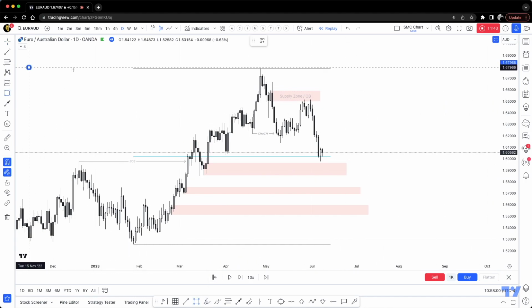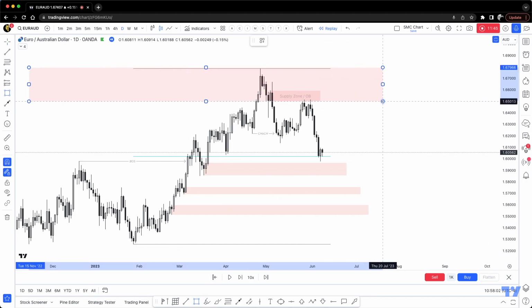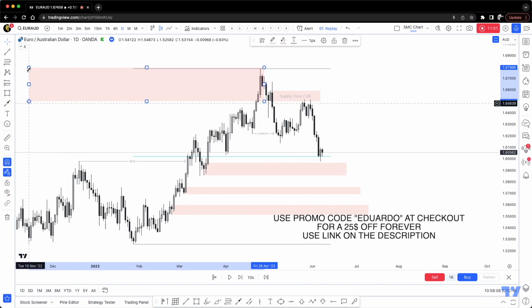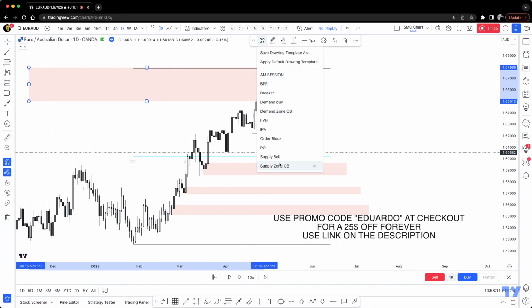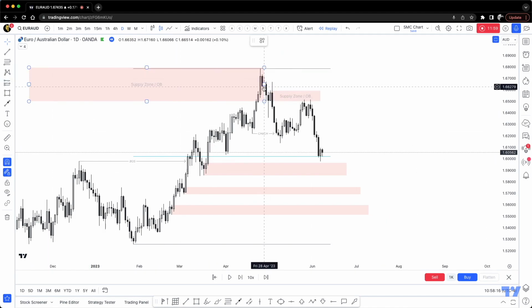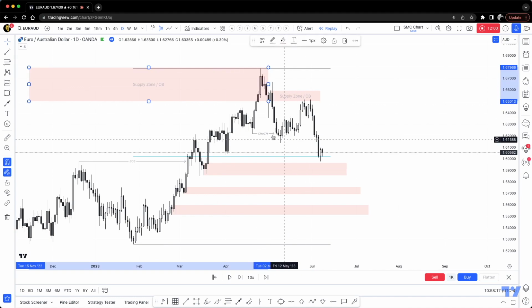If the price, for example, right here was reaching a very strong supply from the past, in the past, this was a supply. Maybe there is a strong supply zone right there that we don't see, somewhere behind there, right? That's the reason why I could be looking for a CHoCH.